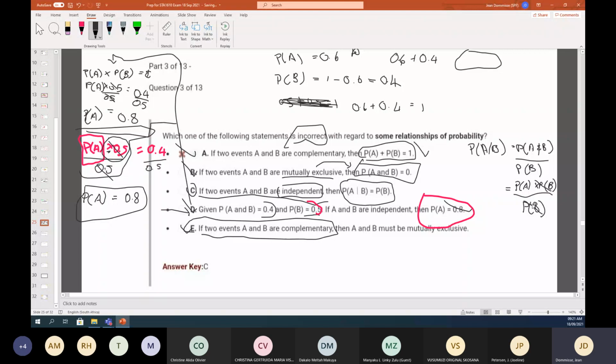So we're left with the probability of A.